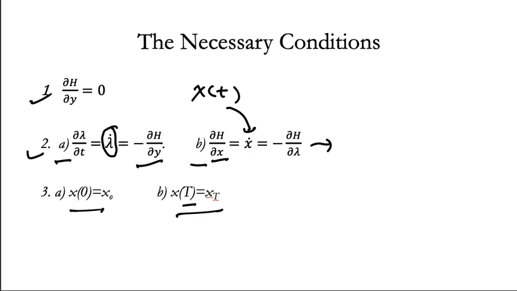Now number 2, the necessary condition number 2: you need to find delta lambda over delta t, which is equivalent to the growth rate of lambda, lambda dot.